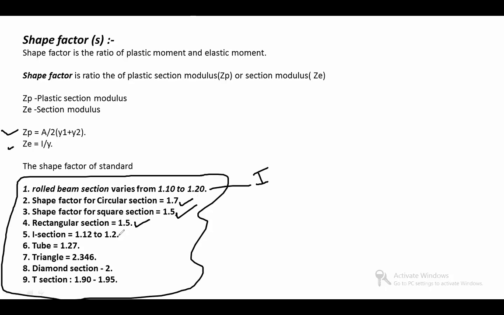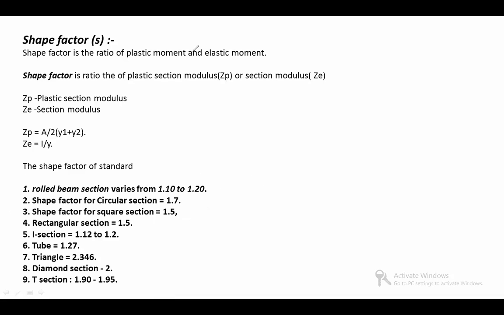Tubular section 1.27, triangular section 2.346, diamond 2.34, and T section 1.9 to 1.95. So these are the ranges of the shape factor for different cross sections. Remember these values because many times they are asked in the GATE examination.